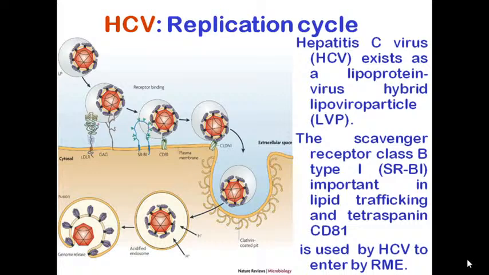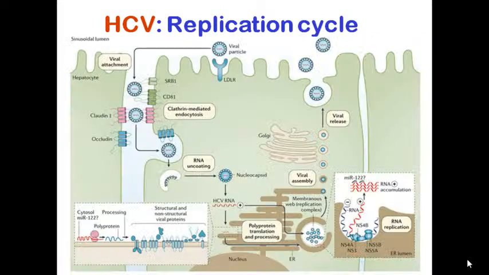Okay? So as an entry, we have RNA uncoating, and this is due to the fusion of the viral envelope with the endosomal membrane.